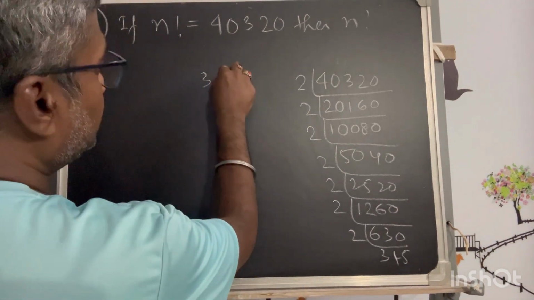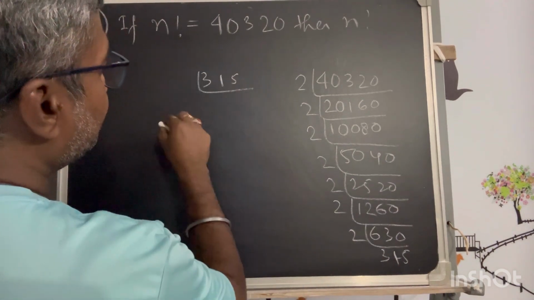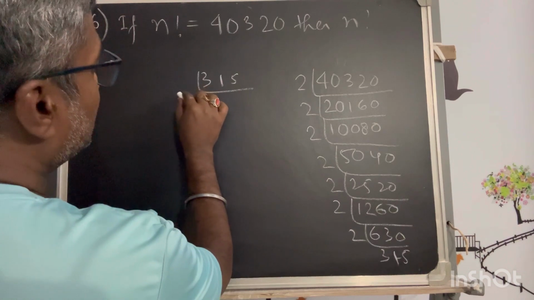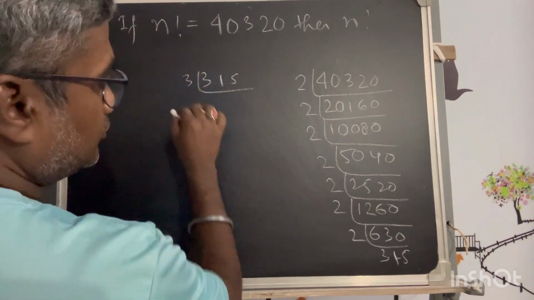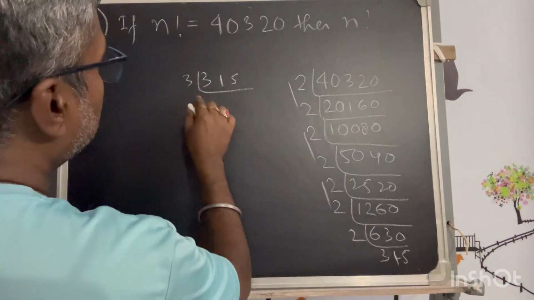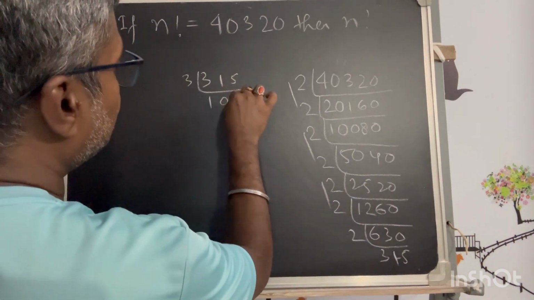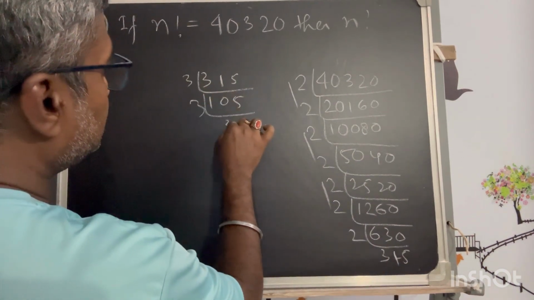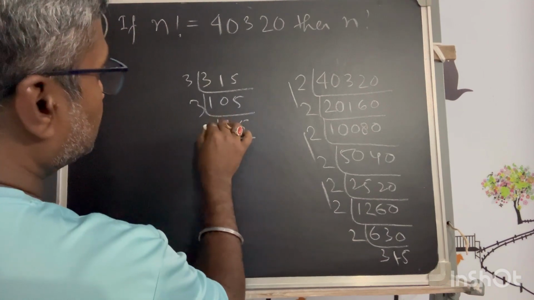Now let's come here. Now 2 is over. Then 3 gives 105 to 35, then 5 gives 7.